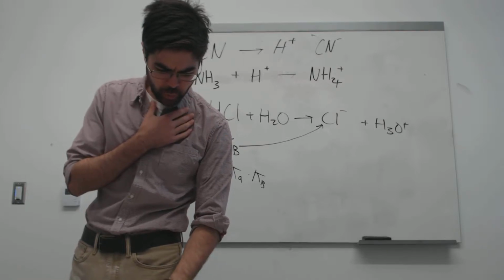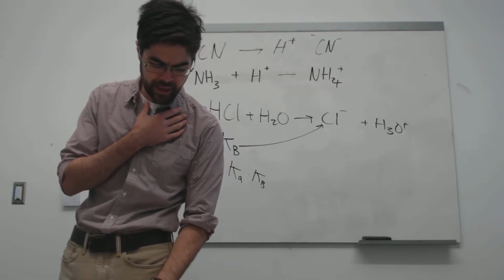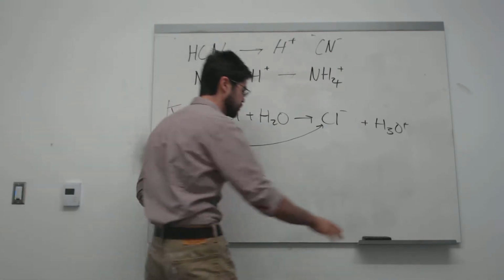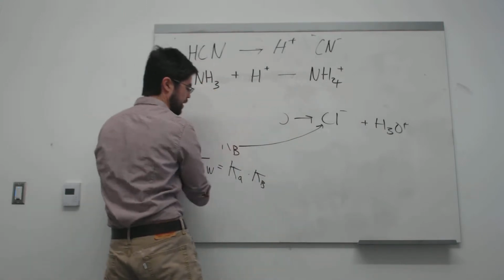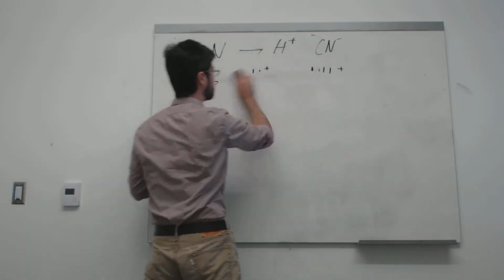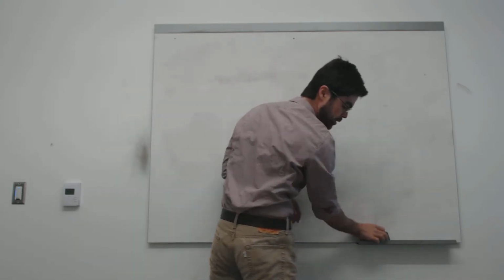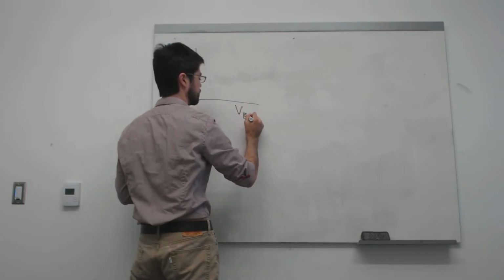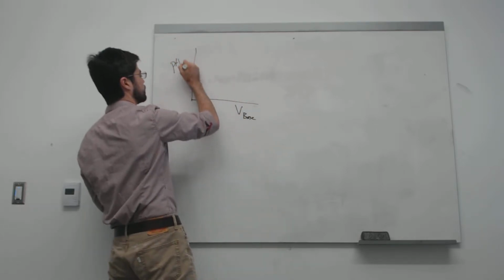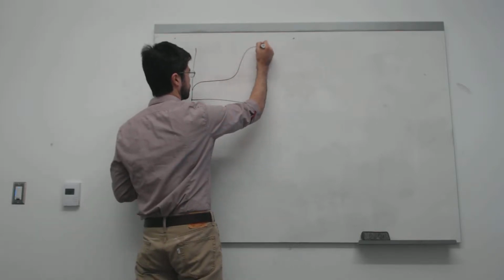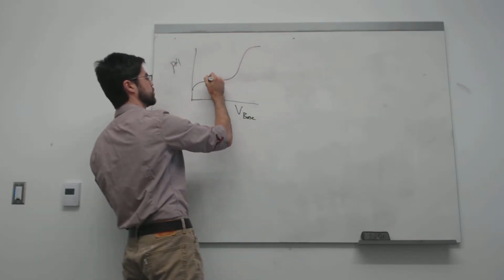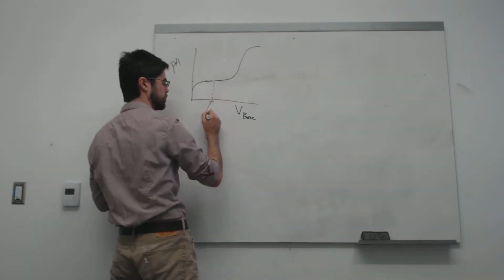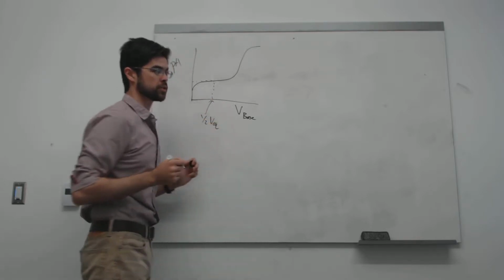Does the half equivalence point always determine pKa? So this was about today's discussion about titrations, where I made this assertion that if you look at the pH curve of the titration of a weak acid with a strong base, and your question was, does the half equivalence point always determine the Ka?